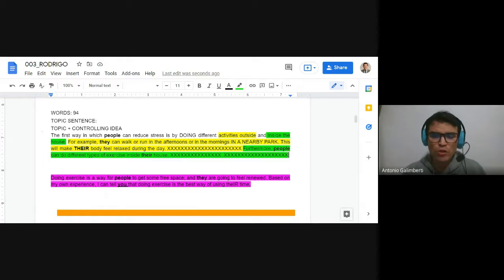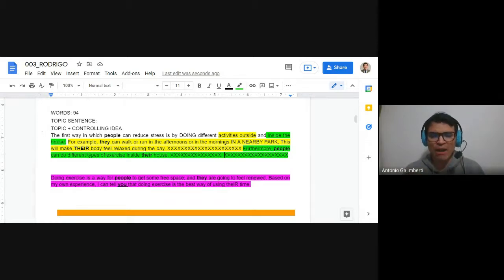So you have to try to merge these two ideas within the other sentences, or merge the pink sentences along with the yellow ones and the green ones. In that way, it is clear for the reader that you are actually developing two points.